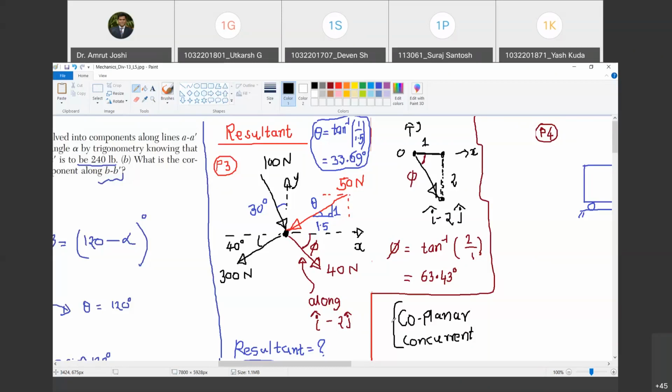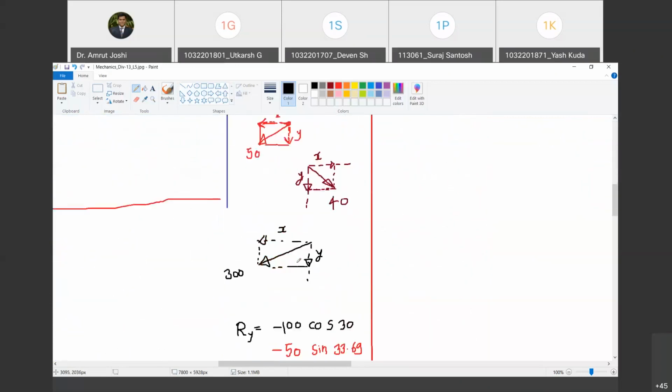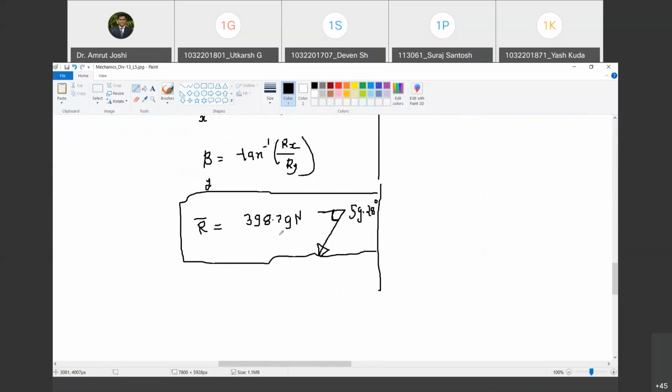And what is the observation? If a body is subjected to a coplanar and concurrent force system, and if I were to replace all the forces by a single entity, what is that entity? That entity is obviously a force. Do you agree with me? Yes, sir. So the resultant of a concurrent and coplanar force system is a force. First observation. From where does that resultant pass?